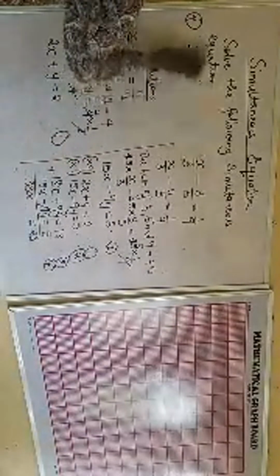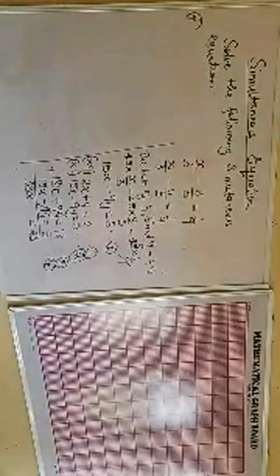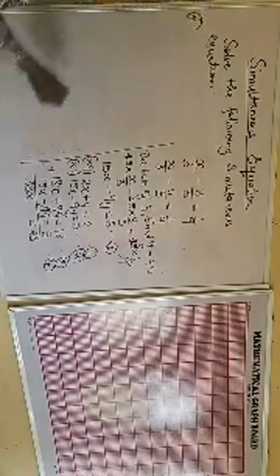Now, let's look for the value of x. x here will be this 23 over 33. We divide both sides by the coefficient of x, which is 33. So our value for x is 23 over 33.